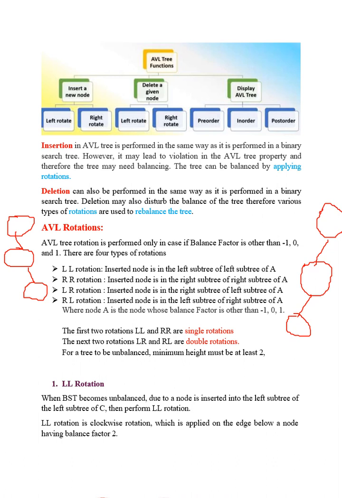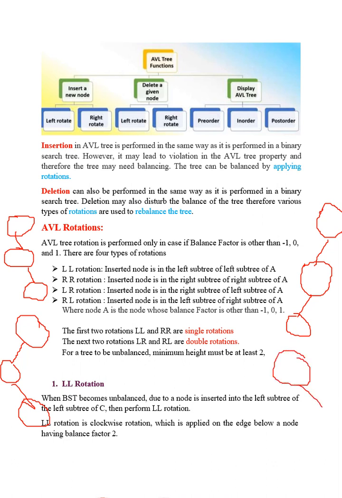LR rotation is when the inserted node is in the right subtree of the left subtree of A, left right rotation. That is, if I have a node, first going left, then inserting on the right subtree of the left subtree of A. This is LR rotation.